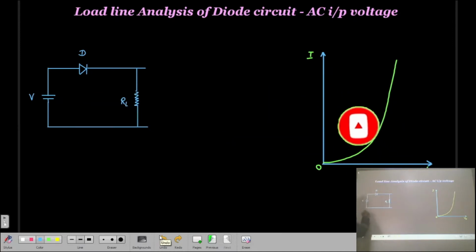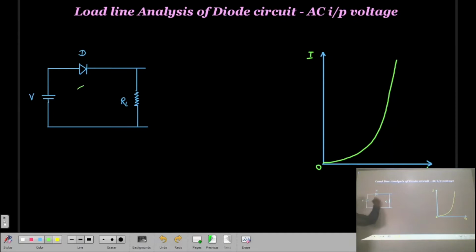When we apply the DC voltage, we want to find out how much current is going to flow in this circuit, or what is the output voltage across the RL, or what is the voltage across the diode VD.